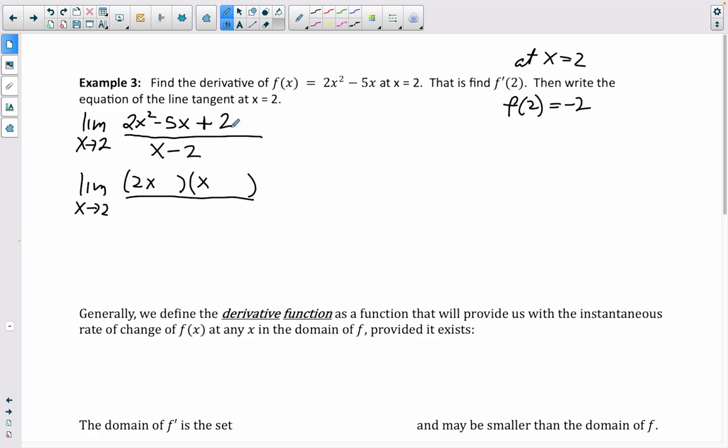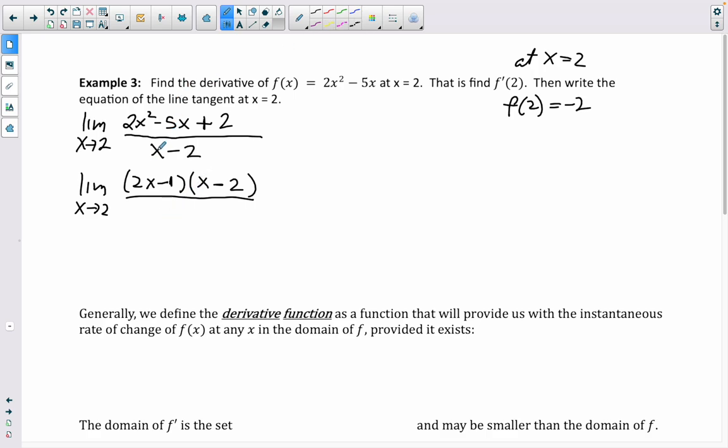So I need two numbers that multiply to 2 and add to negative 5. And so my two numbers will be a minus 1 here and a minus 2 here. You can use your diamond reverse box.